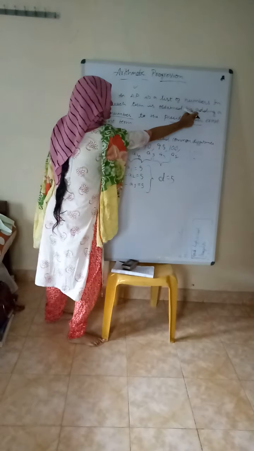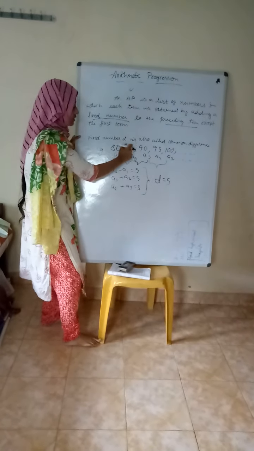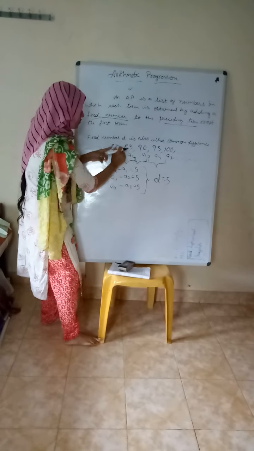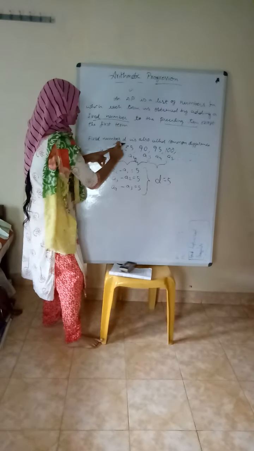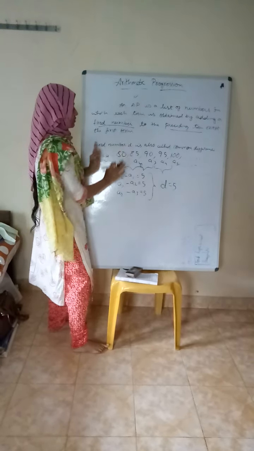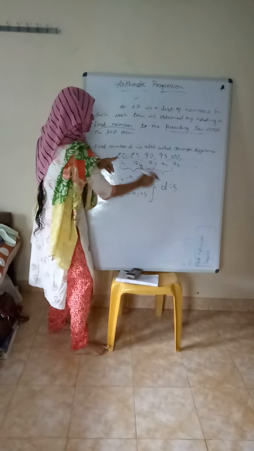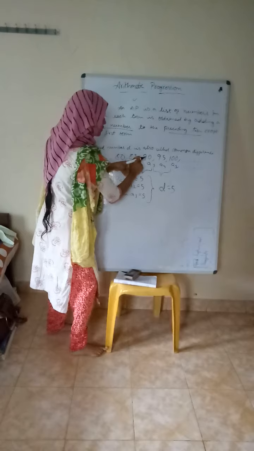So that is what is mentioned here: adding a fixed number to the preceding term. You are not supposed to add for the first term, except the first term. So the first term you keep as it is, 80. Then you add D: 80 plus 5, 85. Then 85 plus 5, 90.